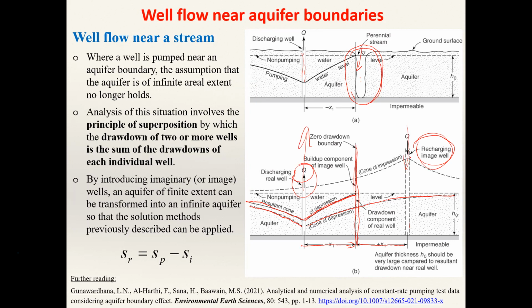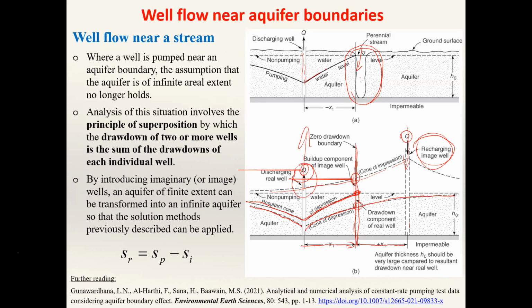Now you see, because of this we have a cone of impression. Because of the pumping well, we have a cone of depression. When it comes to this boundary, because the recharge and discharge rates are the same, this cone of impression and cone of depression should be equal at the boundary, so that the net drawdown becomes 0 at this boundary.